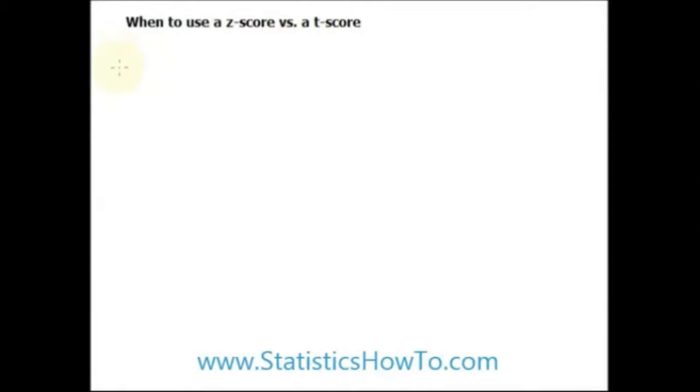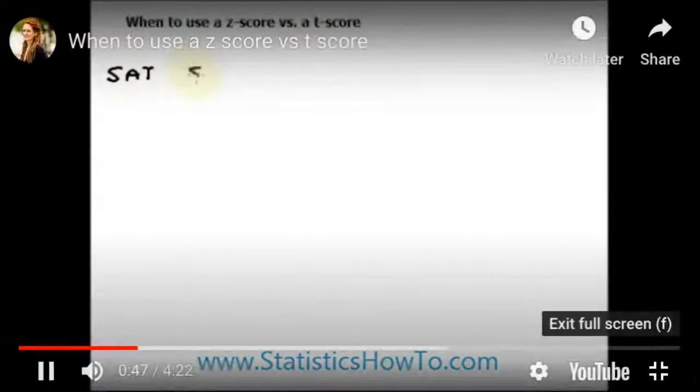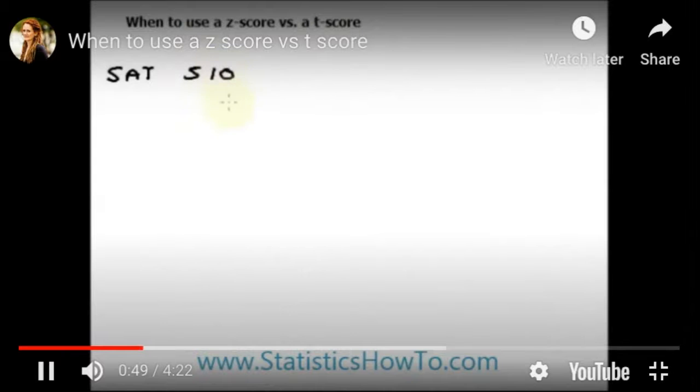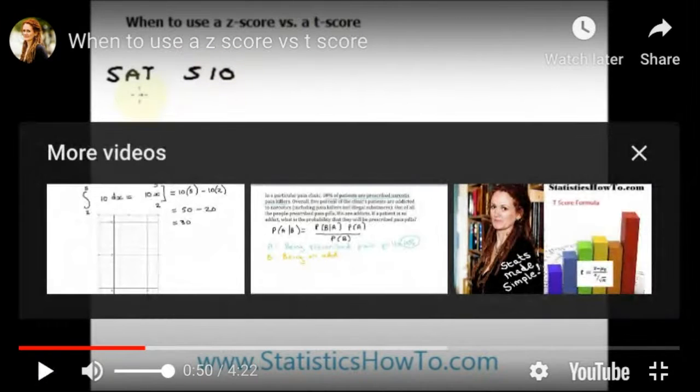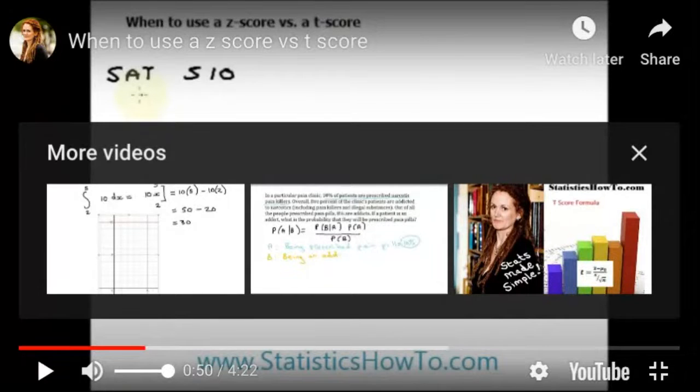Let's say you took the SAT and you scored 510 on math. Sorry, does anybody not know what the SAT is? You don't know? Okay. The SAT is the Scholastic Aptitude Test that they use in the United States.